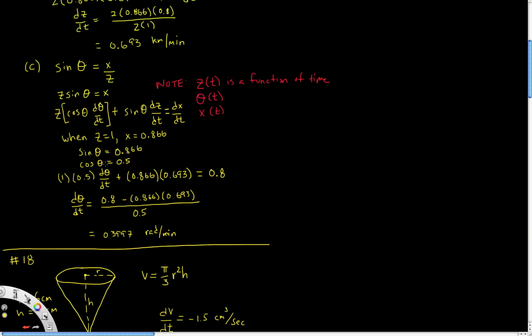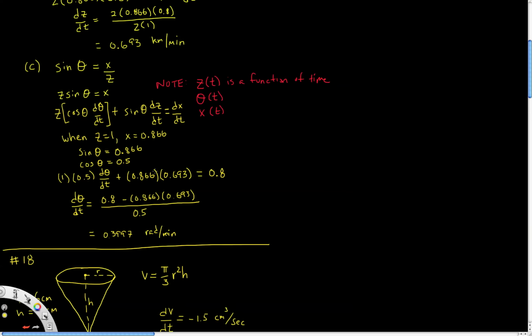Cosine of theta, it's adjacent over hypotenuse, so I just wrote that as 0.5. And now I'm going to plug in all that information. So z is 1, cosine theta is 0.5, d theta dt, that's what I'm looking for. I'm going to add the sine of theta, 0.866, dz dt is 0.693, dx dt is 0.8.